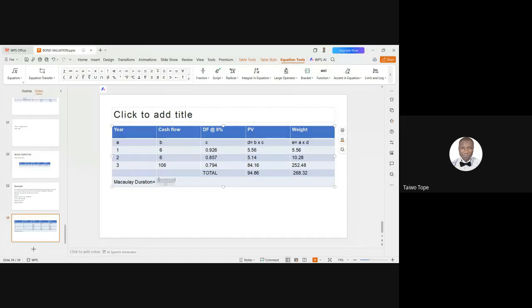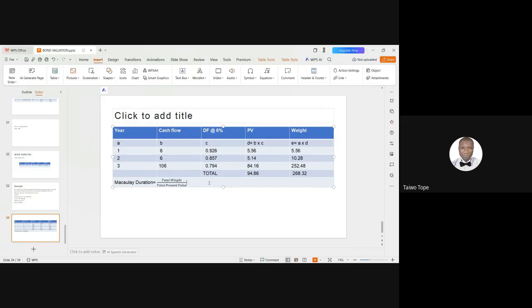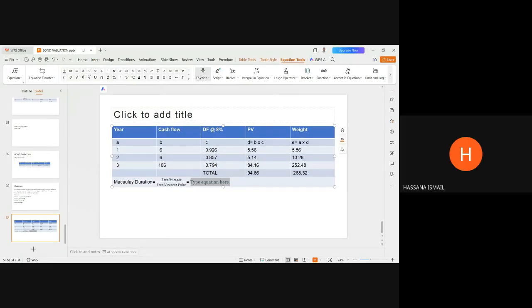Based on what you've solved here, your total weight is 268.32 and your total present value is 94.86.